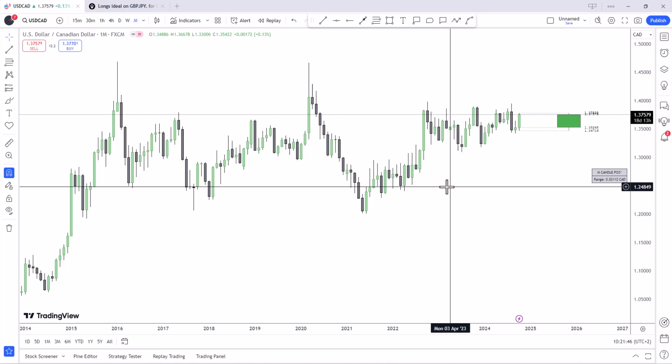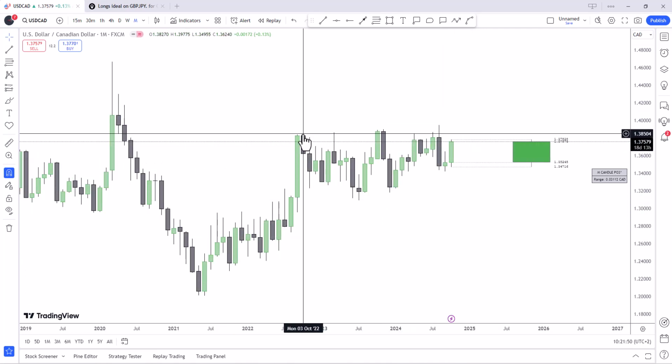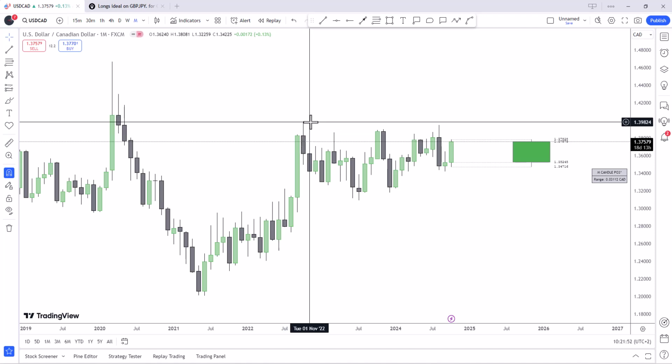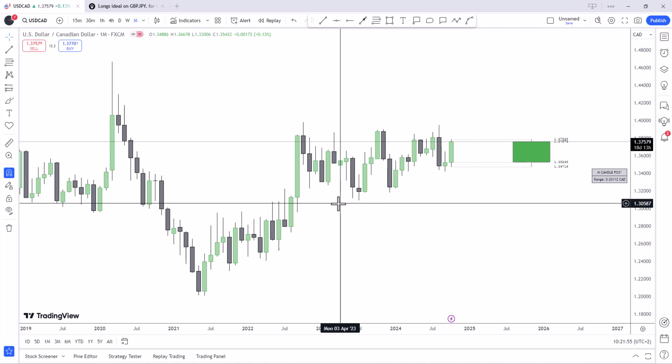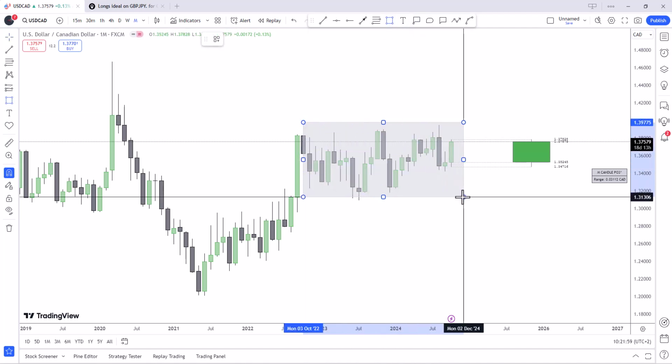That uptrend was sustained only up until November of 2022. And then from there, you can see the market has been trapped inside this monthly range here, right?